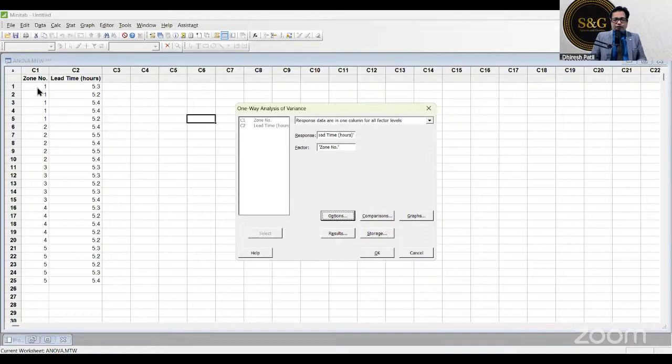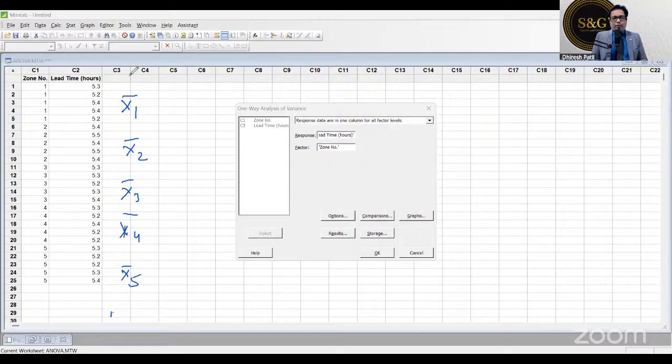So what this software will do, understand this: the software will calculate the averages x bar 1, x bar 2, x bar 3, x bar 4 and x bar 5.